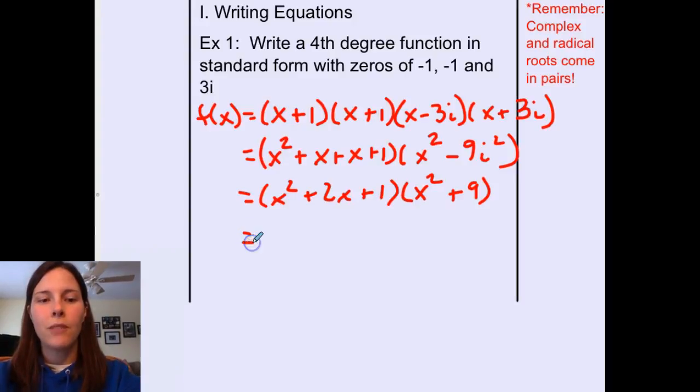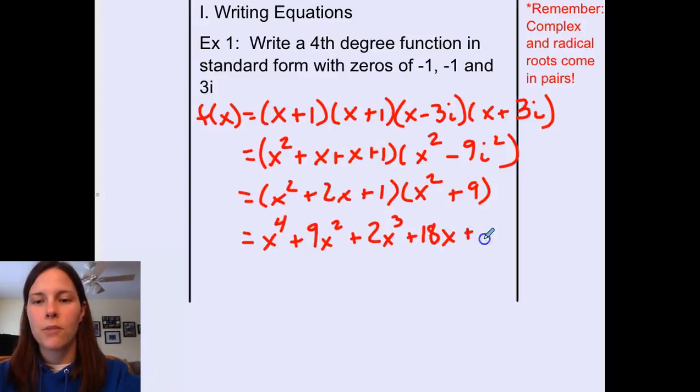Now we can't FOIL because the first set of parentheses is a trinomial. FOILing is very specific to binomials. So we will use the distributive property. I'm going to multiply my x squared by x squared, multiply the x squared by positive 9, and then I'll distribute my 2x times x squared, and 2x times 9.